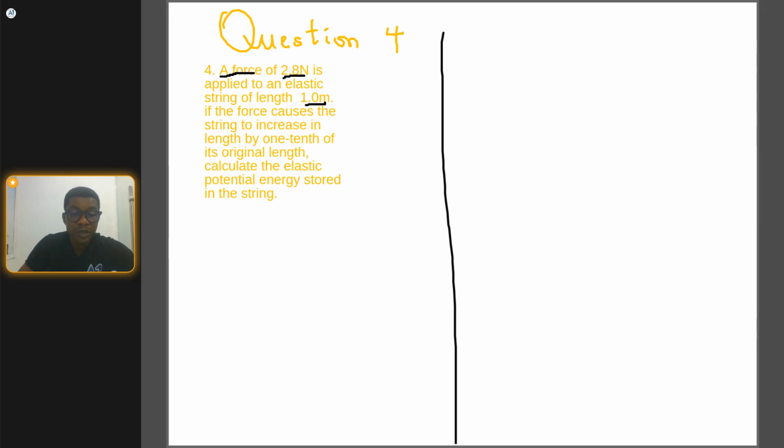If the force causes the string to increase in length by 1/10 of the original length, calculate the potential energy stored in the string.